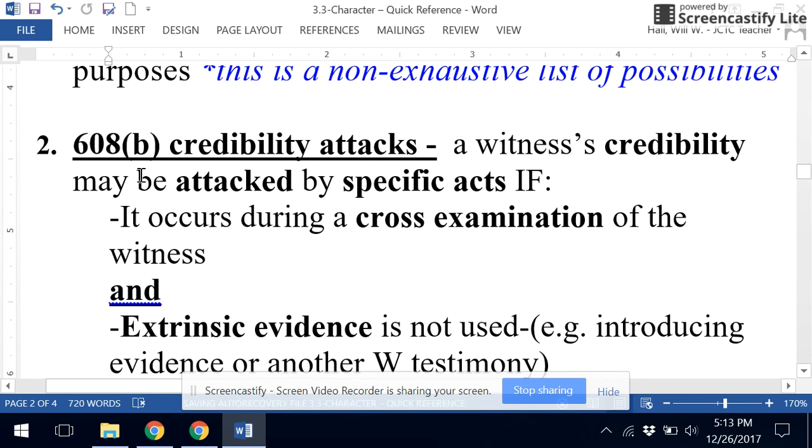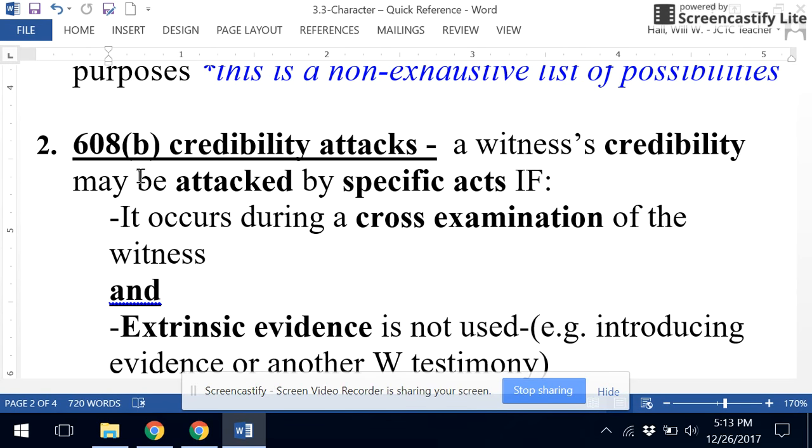You can also always impeach someone. Keep in mind this impeachment thing is an ongoing theme. If someone says that they're a good person or that they weren't at the bar or that they don't own a gun, then you could introduce their past theft of a gun to show that they're lying and they do own guns.